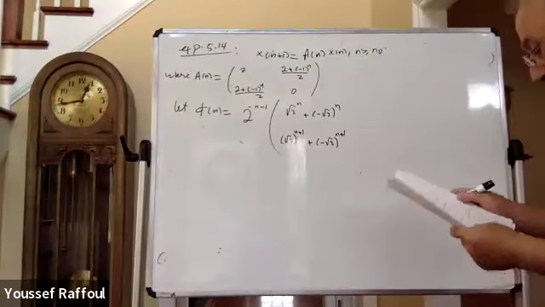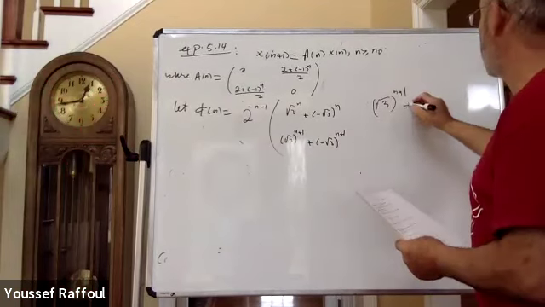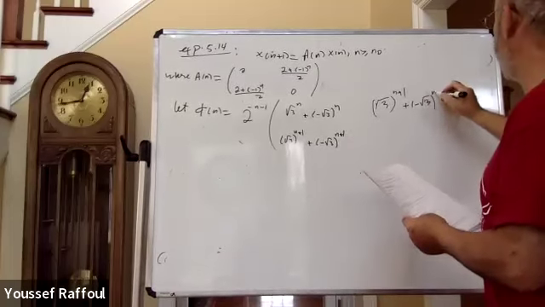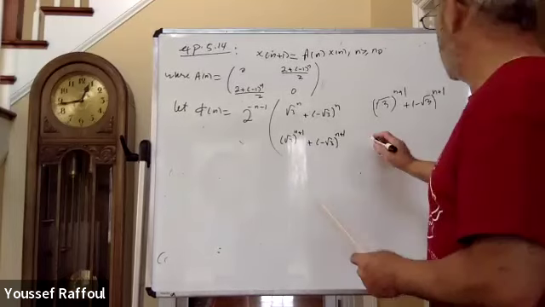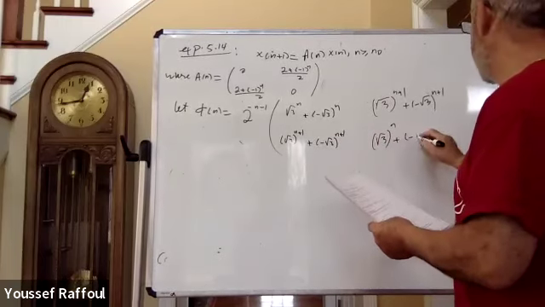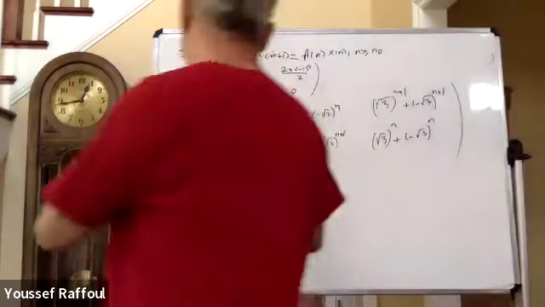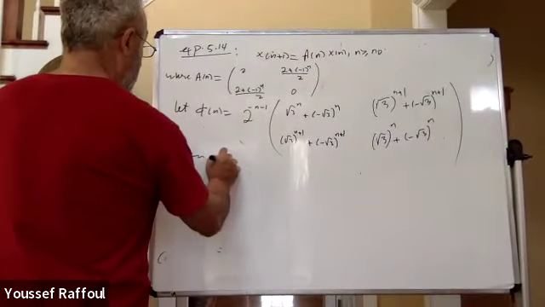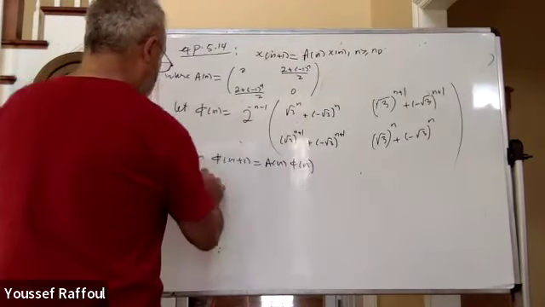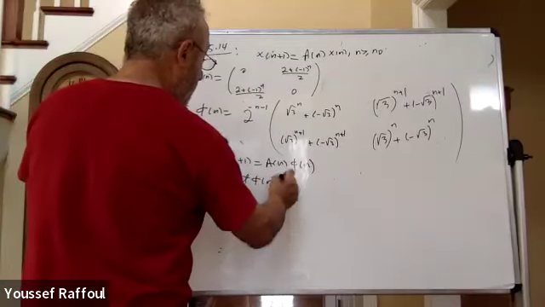Then phi_{n+1} equals a_n phi_n. And the determinant of phi_n at any n is different from 0.